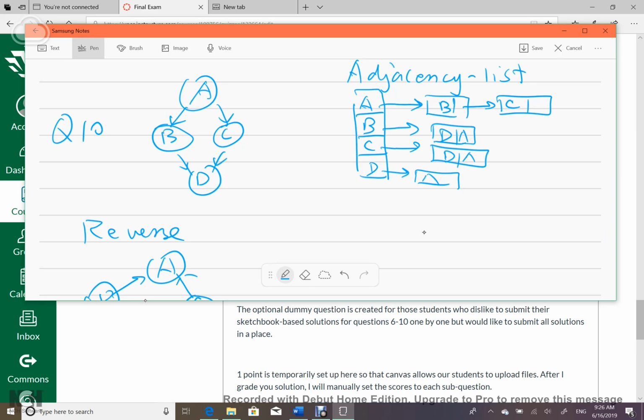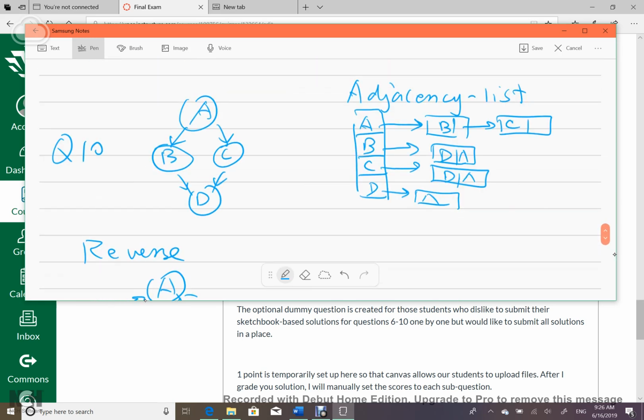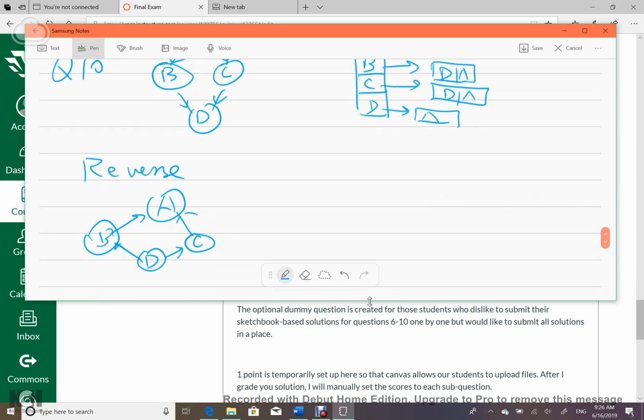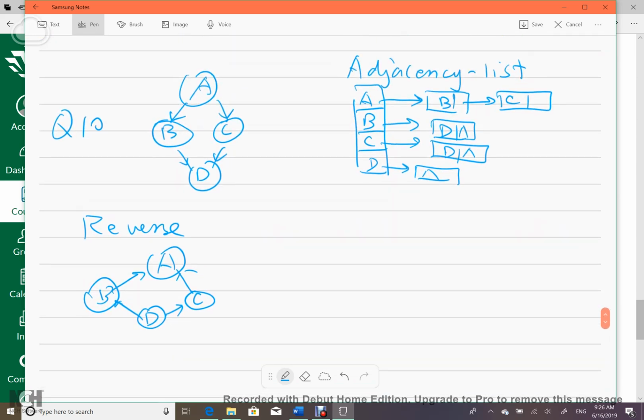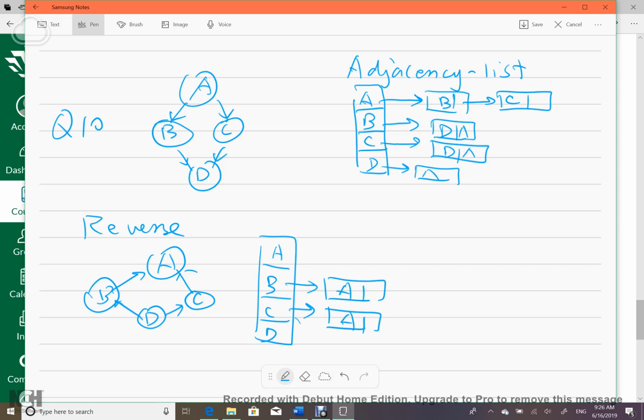And since this is still an adjacency list, let's put them in the same page. So since you would like to also use an adjacency list, you need to have A, B, C, D here, right? So when you visit B, you want to reverse, we say B connects with A, and C connects with A, and B goes to D, it means D connects with B, right? And C goes to D, it means D also connects with C.